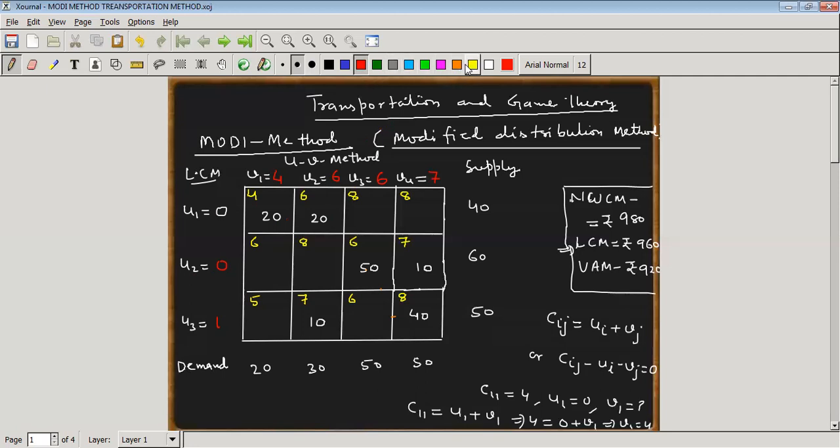Now in the modified distribution method, we try to find out whether this solution is optimal or not. So we try to put items in the non-allocated positions. These are 1, 2, 3, 4, 5, 6: six non-allocated positions.